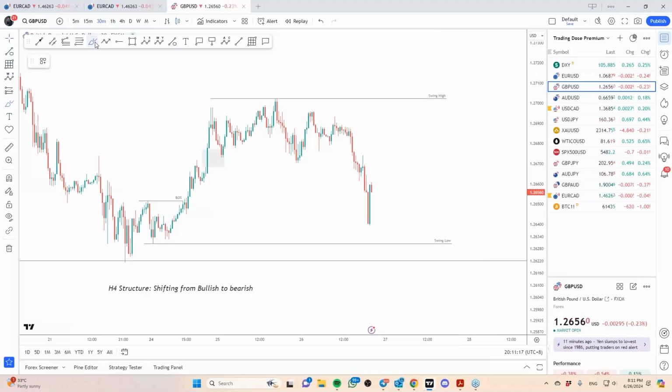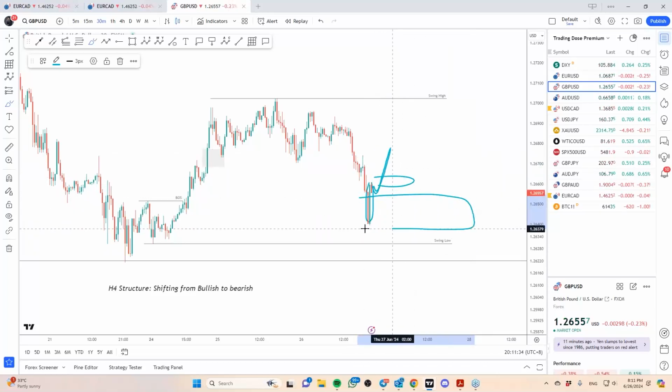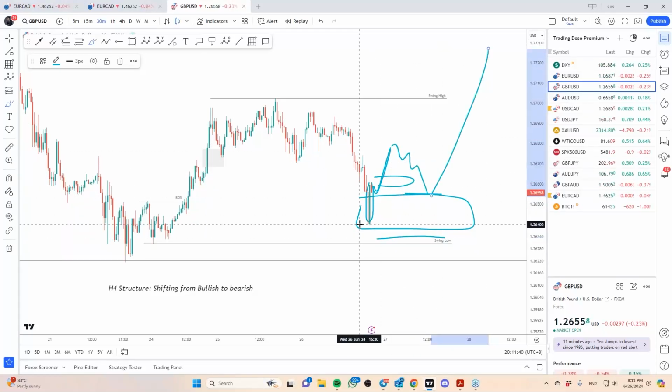But let's say, again, visualize a bit, the market decides to continue to go higher from here, and then we have this huge candle. Maybe this candle continues to come down a little bit and goes back up. Then we have the possibility of creating some fair value gap and then a demand zone here. So in that case, if this pulls back, we can actually trade this off from this.